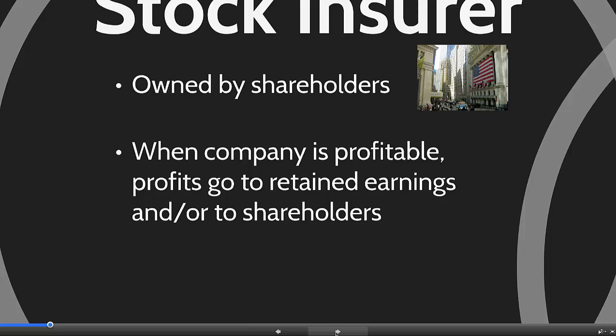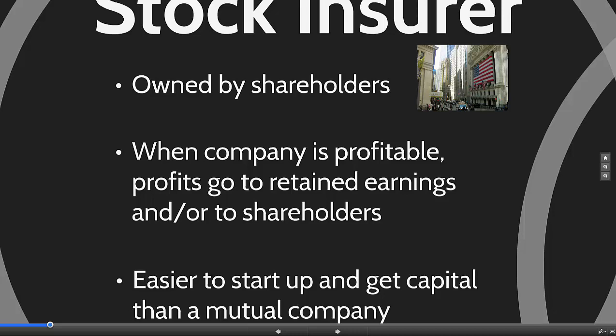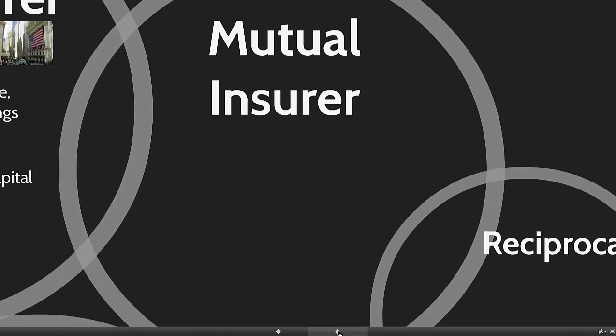Some are publicly traded and others are closely held. And when we compare the stock insurance form of organization to a mutual form, one thing to remember is that it's much easier to start up and get capital for an insurer that is formed as a stock company than for a mutual company. But to make sense of that, let's now turn to a discussion of mutual insurers.